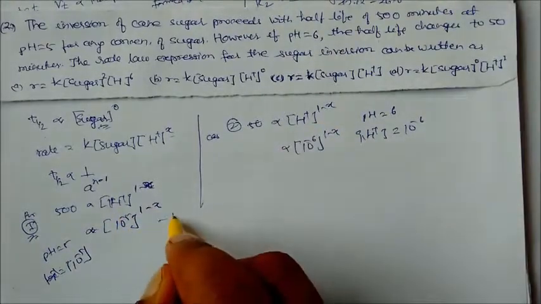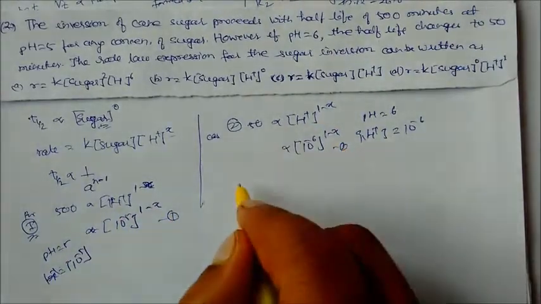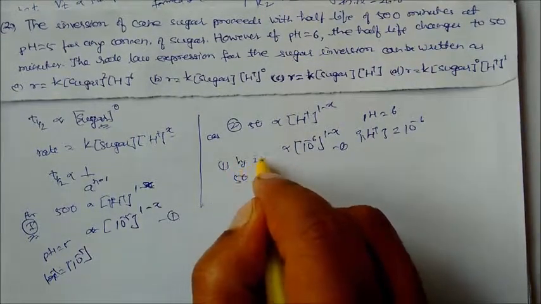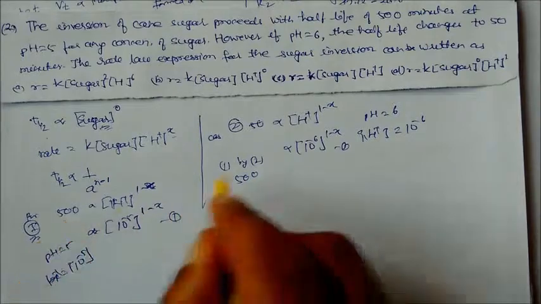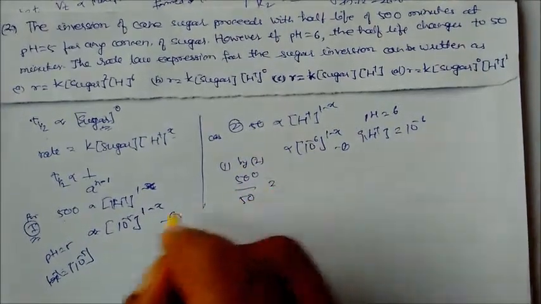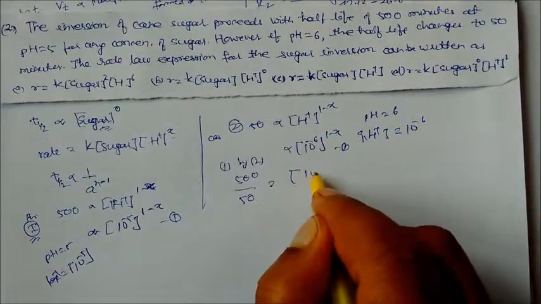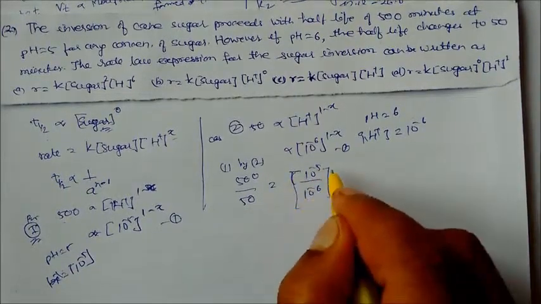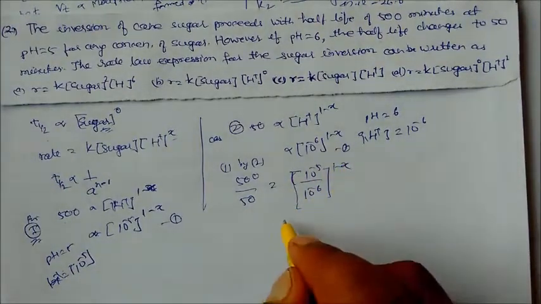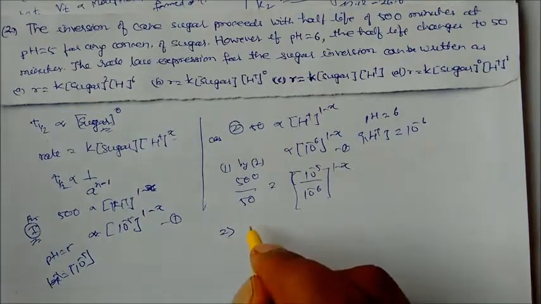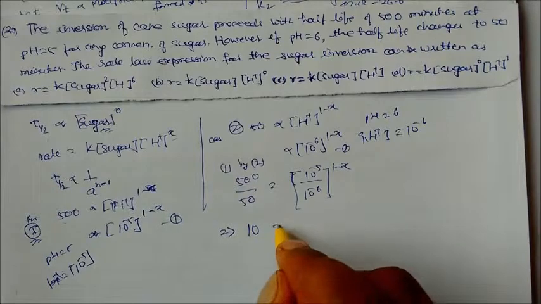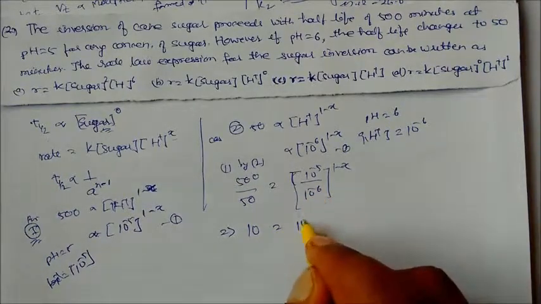So this is equation 1, this is equation 2. We can divide 1 by 2. So 500 divided by 50 is equal to 10 to the power minus 5 divided by 10 to the power minus 6, whole to the power 1 minus x. On solving you will get 10 equal to 10 to the power 1 minus x.